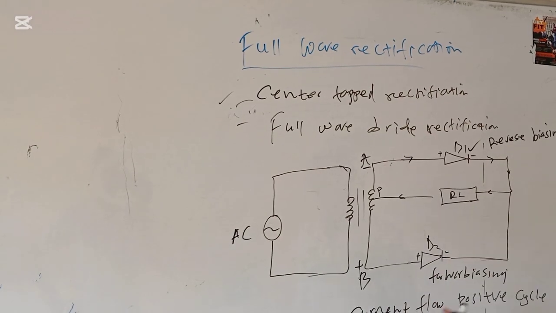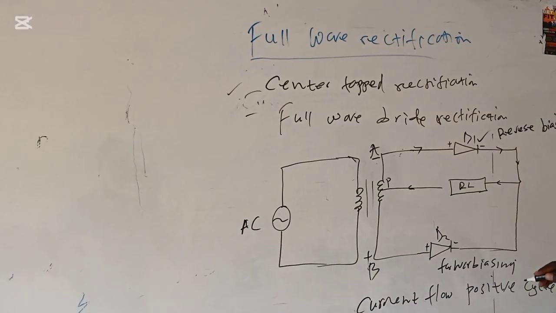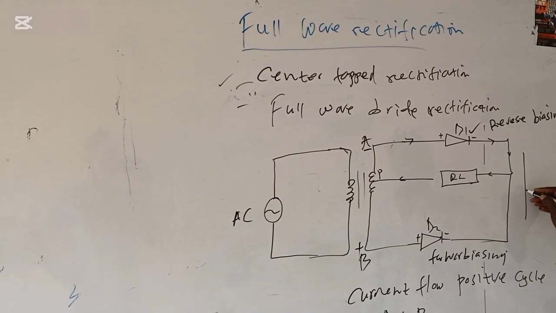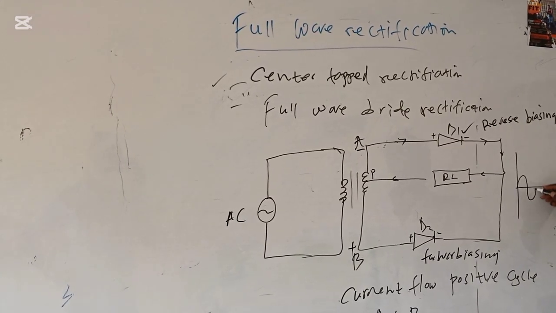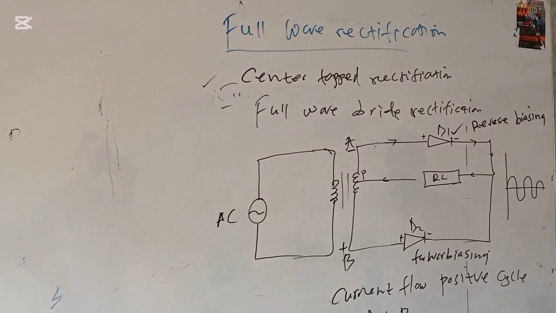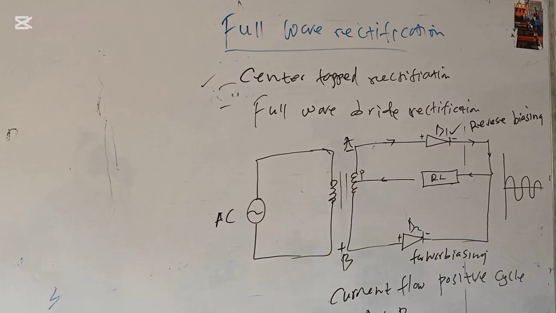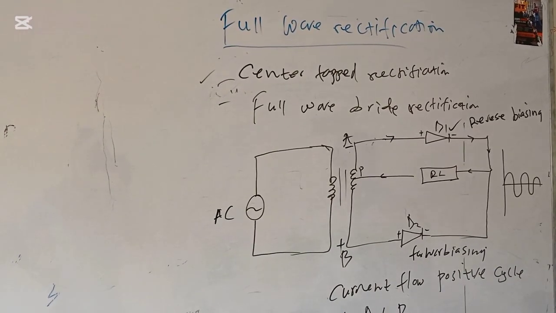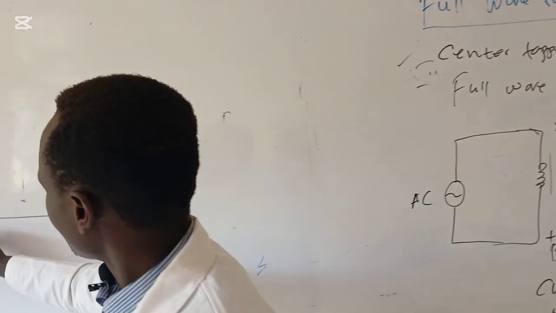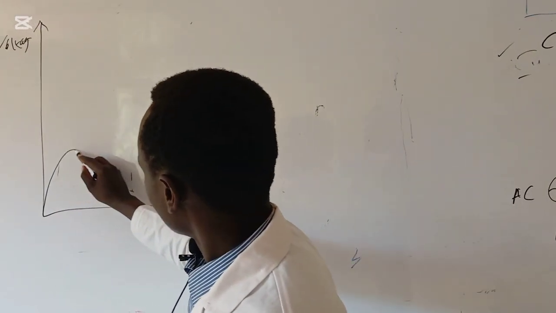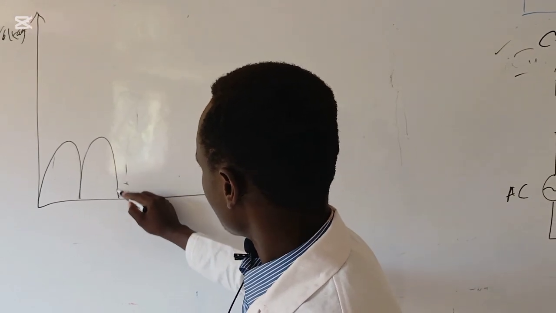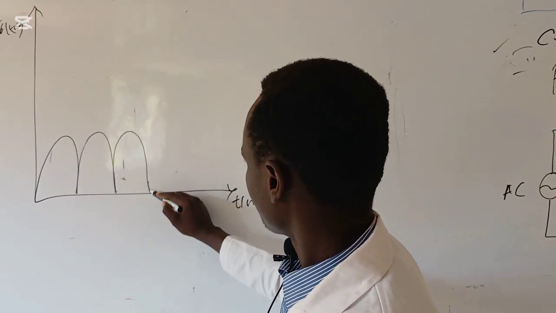Before the rectification, current always has a sine wave. But after the rectification, the sine wave changes. Now the rectified current will have such a type of wave.